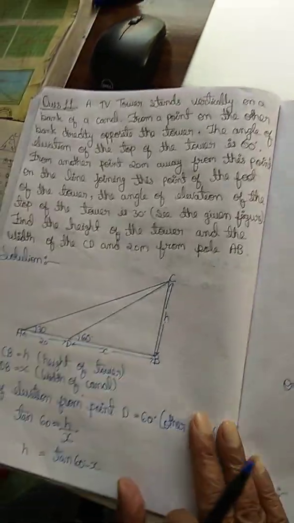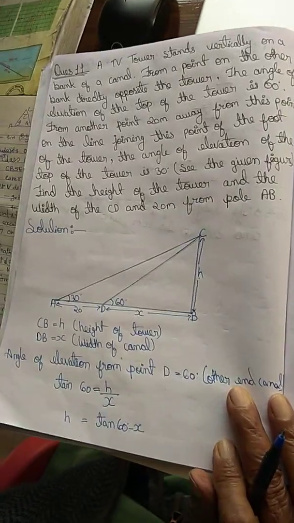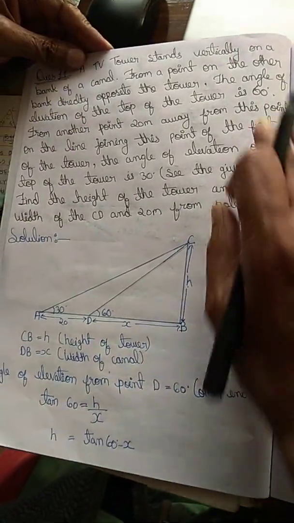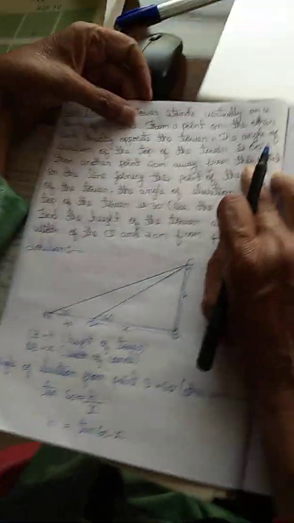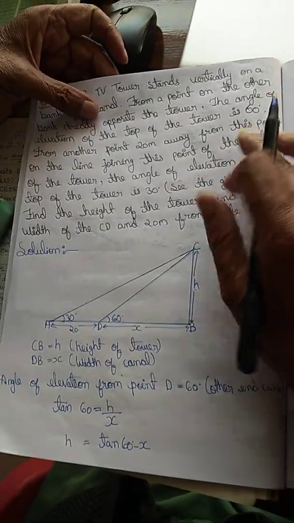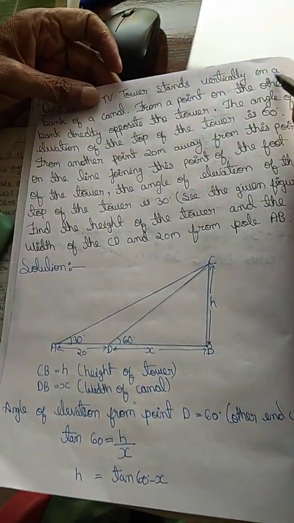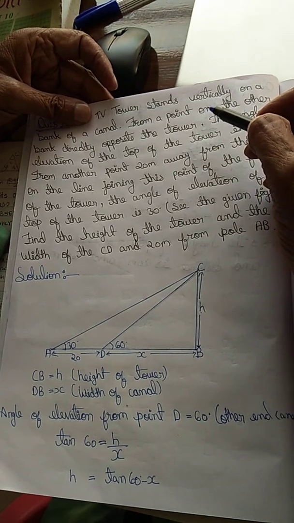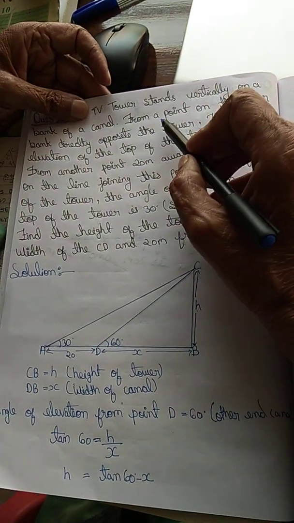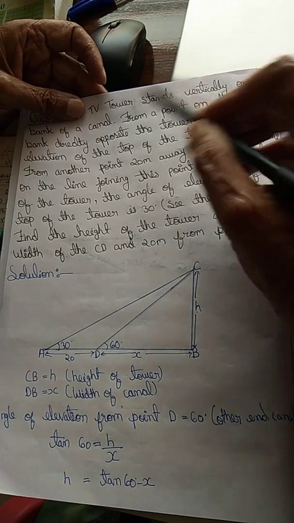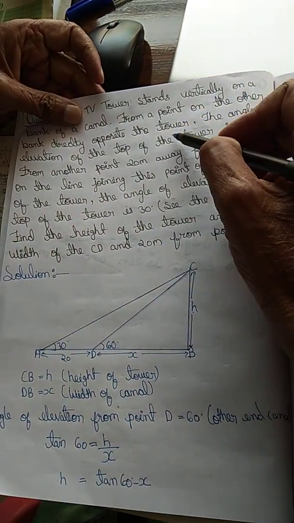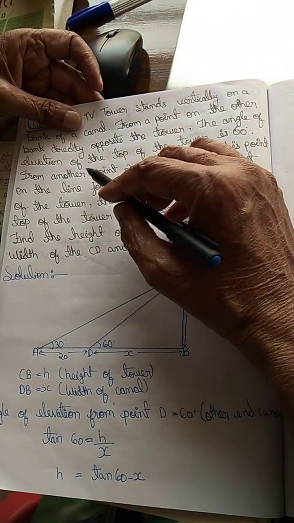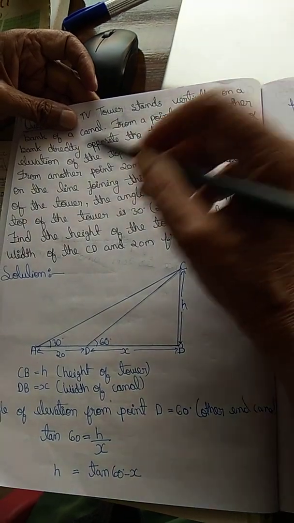Question number 11. A TV tower stands vertically on the bank of a canal. From a point on the other bank directly opposite to the tower, the angle of elevation of the top of the tower is 60 degree.